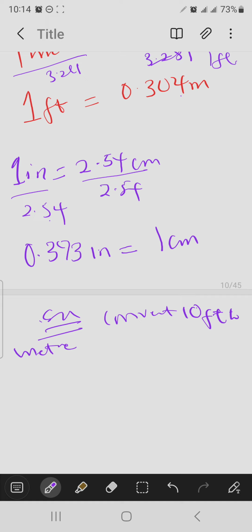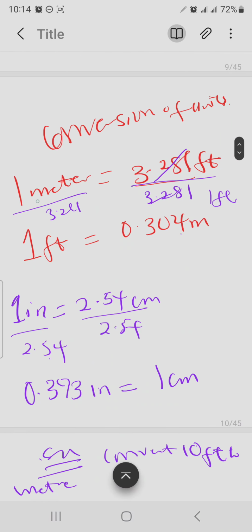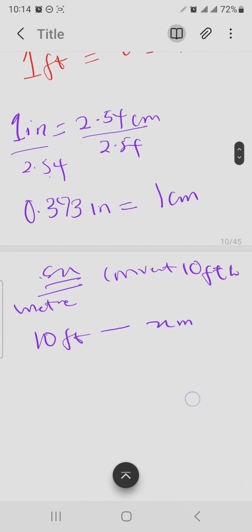So one thing you are going to do is 10 feet to x meter, because you don't know it. The conversion for feet and meter is 1 meter equals to this, and 1 feet equals to 0.304 meter. You can pick any one.